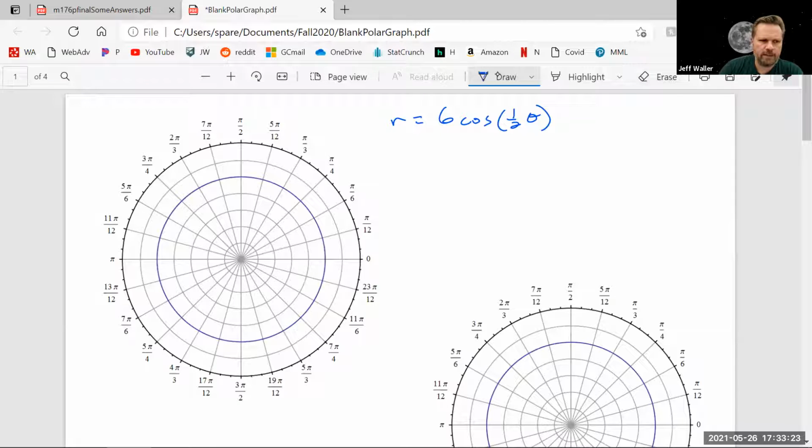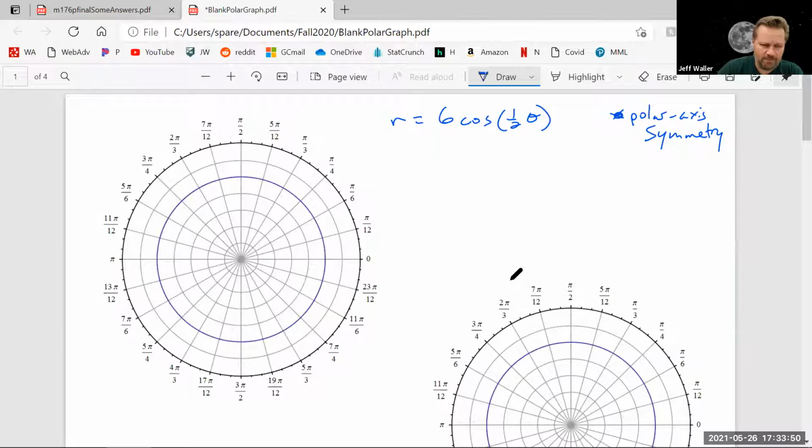But this actually has x-axis symmetry, so polar axis symmetry, which is also called the x-axis. Now, why is that good to know? If I know it's symmetric with respect to the x-axis, what angles do I need to plot before I can just start copying what I've done?